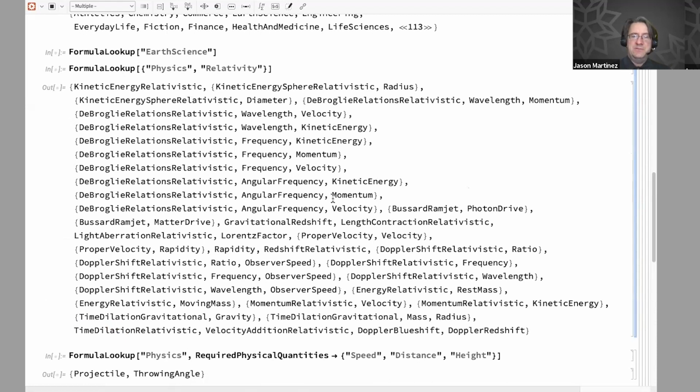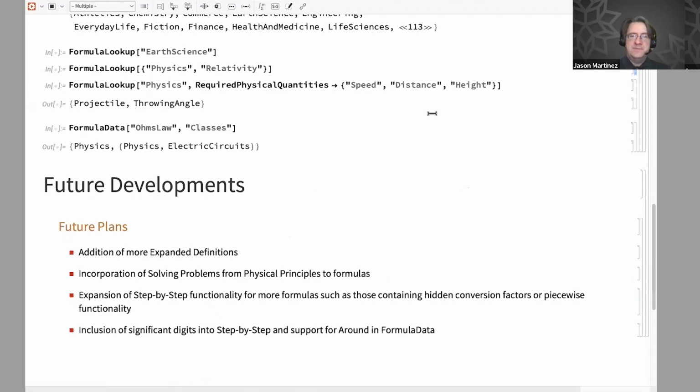So you can get all of the relativistic formulas that we have available through this method. And you can use the same tools you might use in formula lookup to require certain physical quantities to be part of the formula or to exclude others. You can get a subset, for instance. And then, of course, you can use formula data on a particular formula to find out what classes it is within.